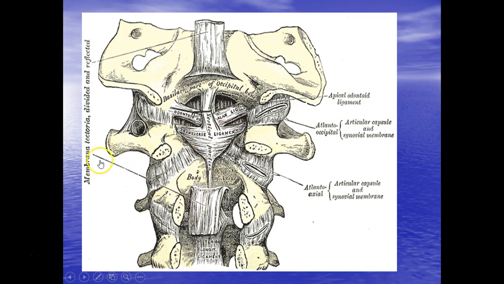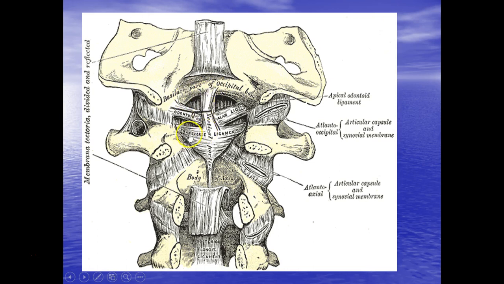The tectorial membrane has been cut and pulled back above and below to reveal the very thick, strong transverse band of the cruciform ligament and the vertical bands extending to the body of C2 below and to the basilar part of the occipital bone on the inner surface of the foramen magnum above.